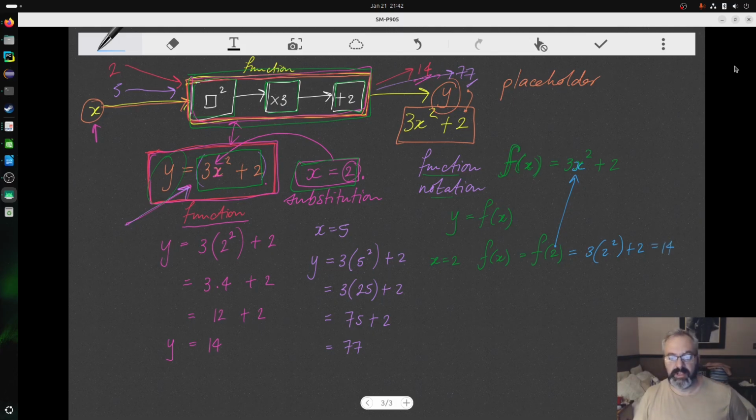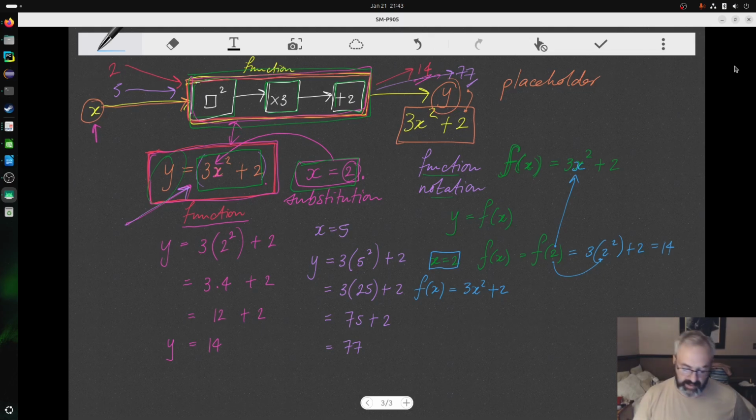Can you see? We had a function of x, which is a number of calculations with an x somewhere inside. In this case it was 3x squared plus 2. And if we know that the value of x is 2, then we say that the function of x becomes the function of 2, or the function where x equals 2, and wherever we've got an x, we replace it with a 2.